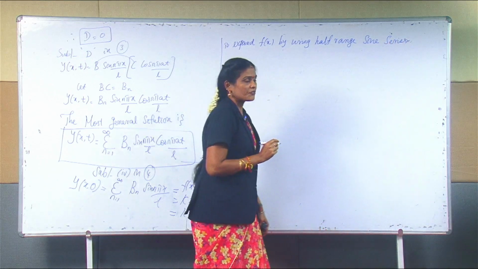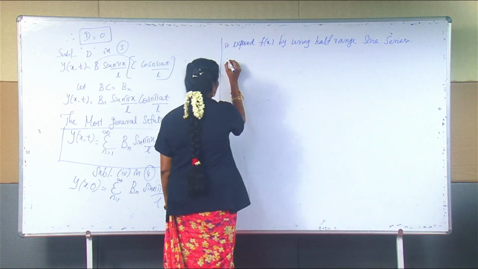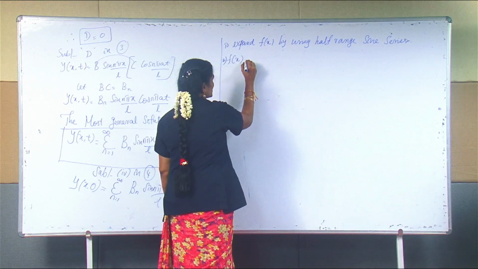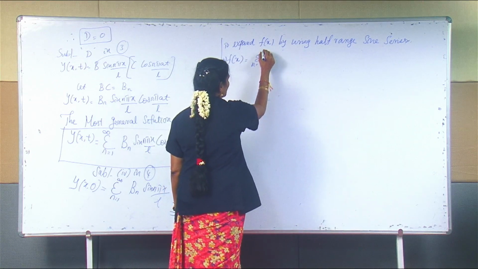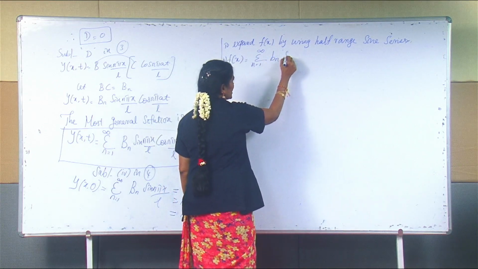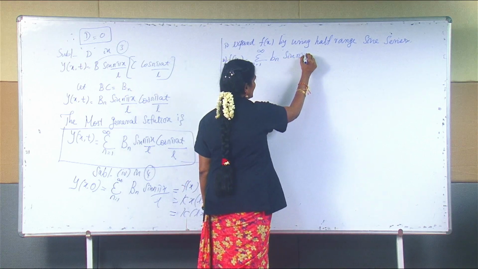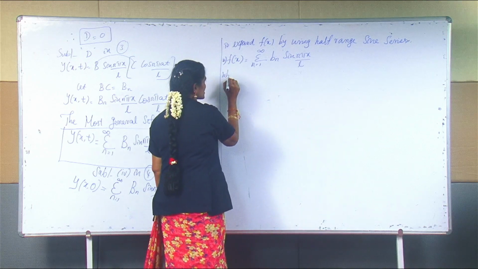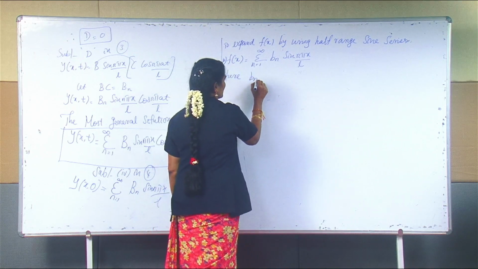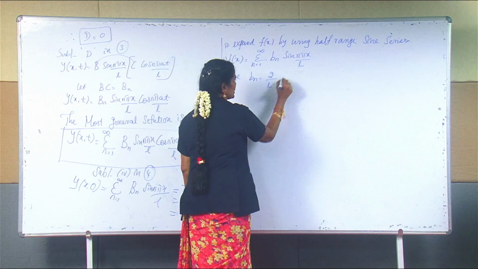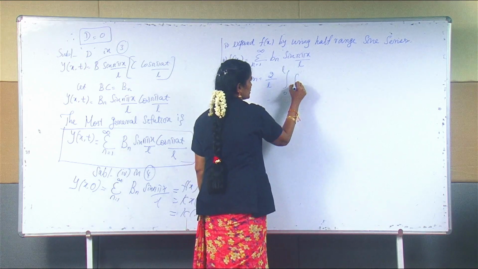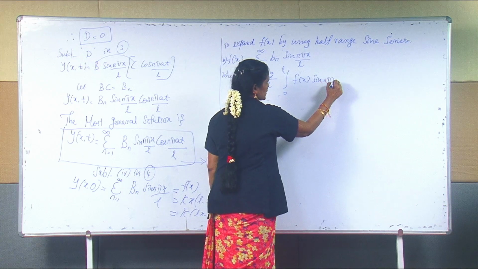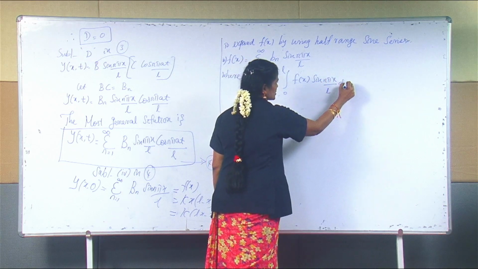Already we know the half range sine series. Your half range sine series is f of x equal to summation n equal to 1 to infinity Bn sin n pi x by L, where Bn value is 2 divided by L integral 0 to L f of x into sin n pi x by L into dx.